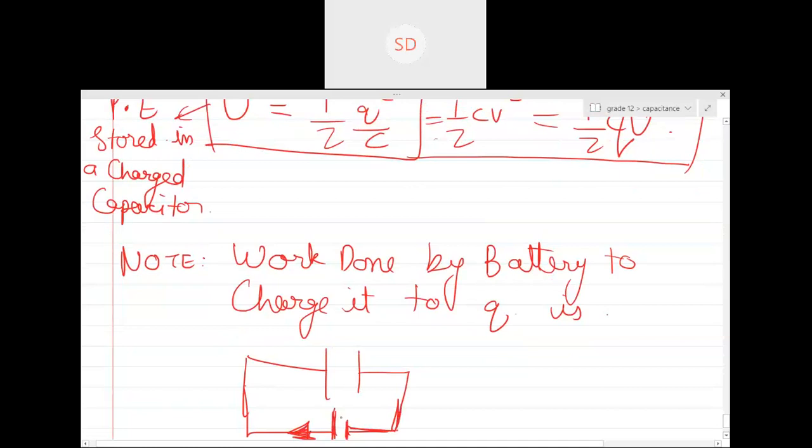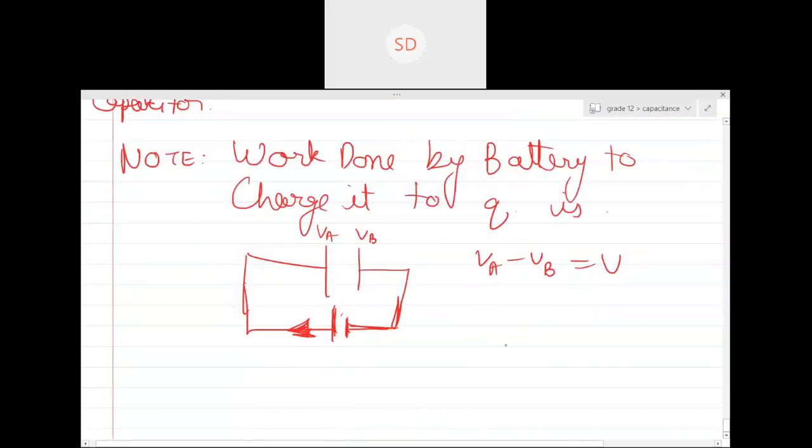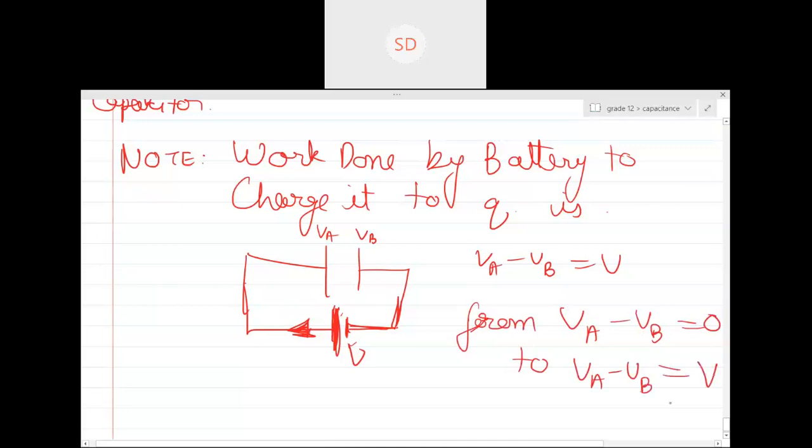Please remember, if I want to completely charge this capacitor, that implies VA minus VB should be equal to how much? V, the potential difference across the battery, right? So from VA minus VB equals 0 to VA minus VB equals V.